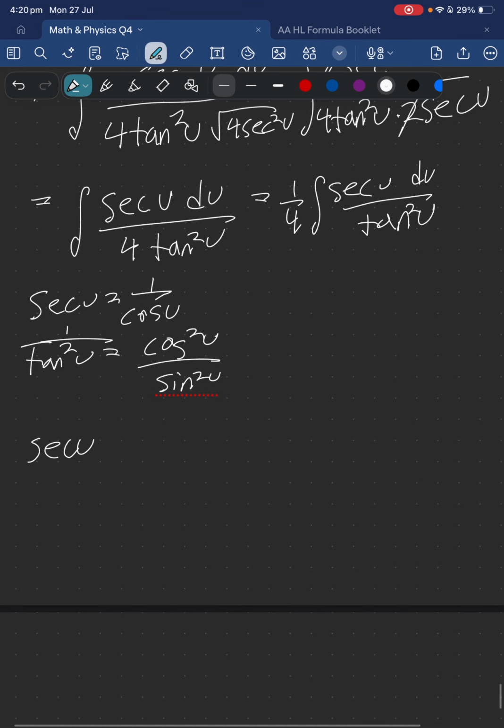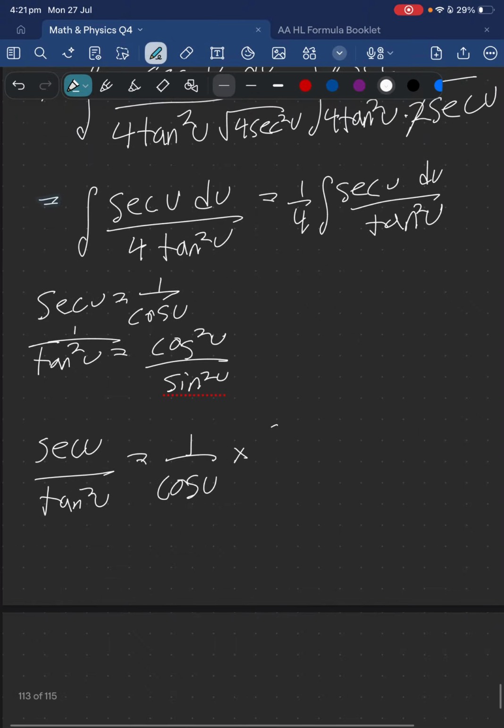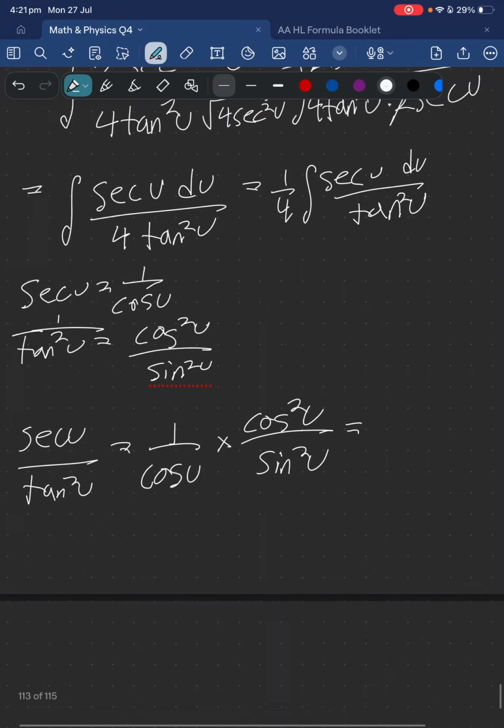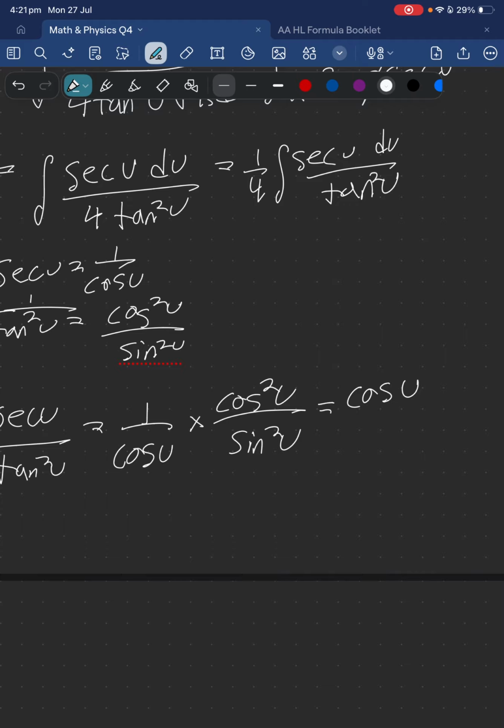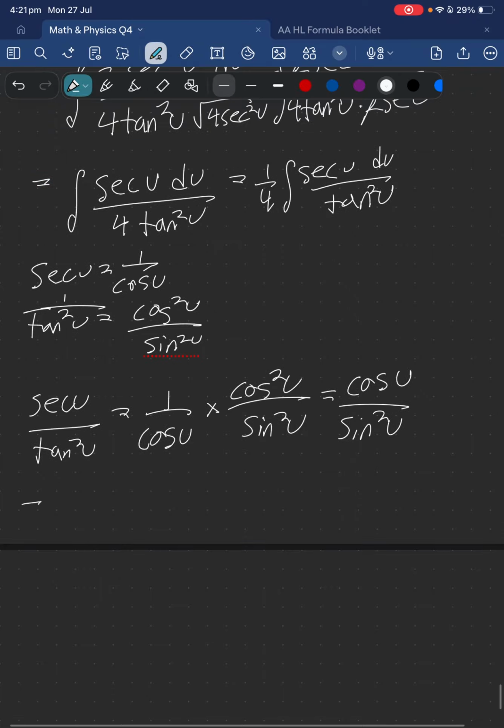So secant u over tan squared u would be 1 over cosine u multiplied by cosine squared u over sine squared u, which will give us cosine u over sine squared u. So we are left with 1/4 times the integral of cos u over sine squared u du.